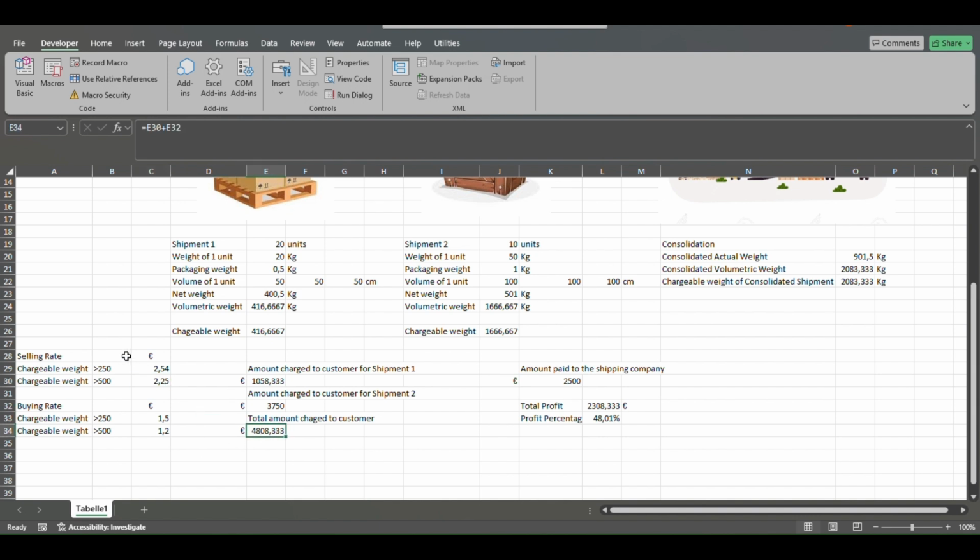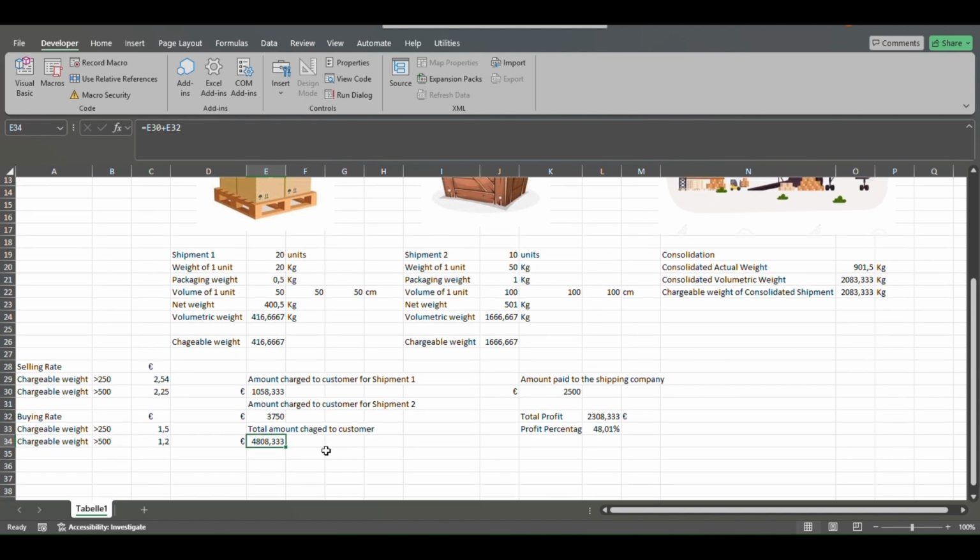The total amount charged to the customer is the sum of the amount charged for shipment 1 and the amount charged for shipment 2. So it comes up to 4808.33. Now, the logistics company, in order to provide services to the customer, first has to approach the shipping company and buy the space from them.